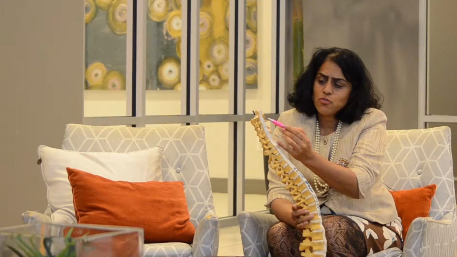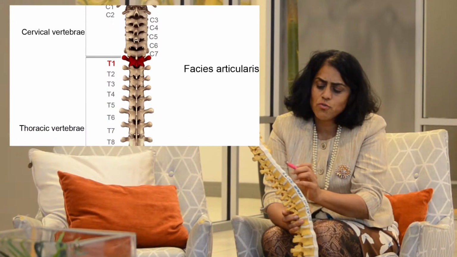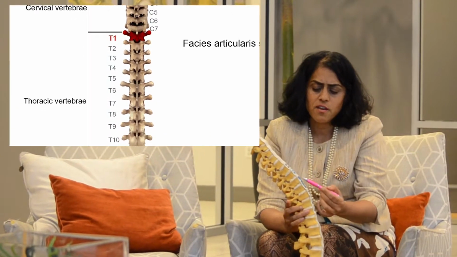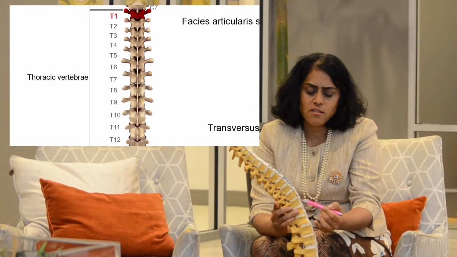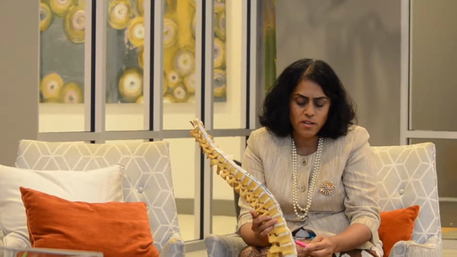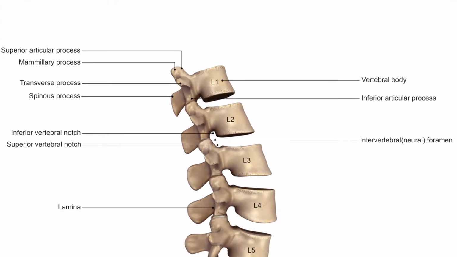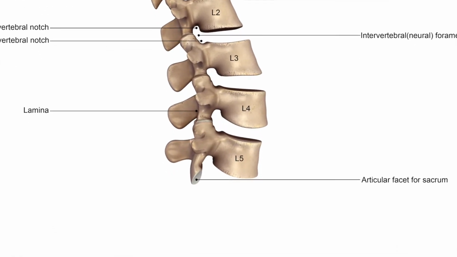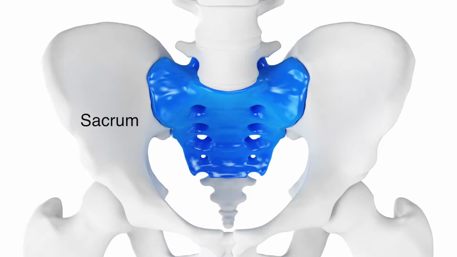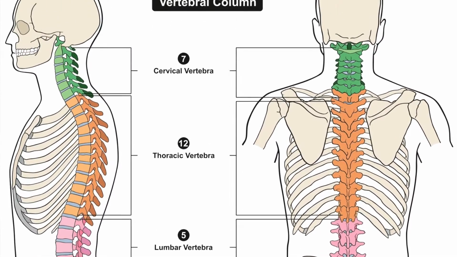After that, we go to T1, 2, 3, 4, 5, 6, 7, 8, 9, 10, 11, 12 to T12, and after which L1, which is the lumbar segment right here, L1, 2, 3, 4, 5, and then the S1, which is sacrum. So sacrum, lumbar, thoracic, cervical.